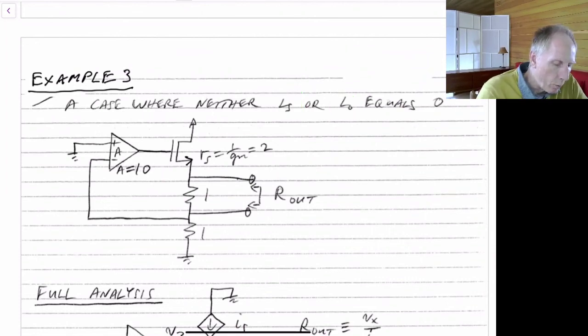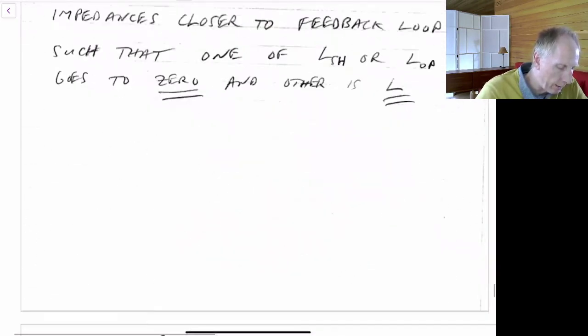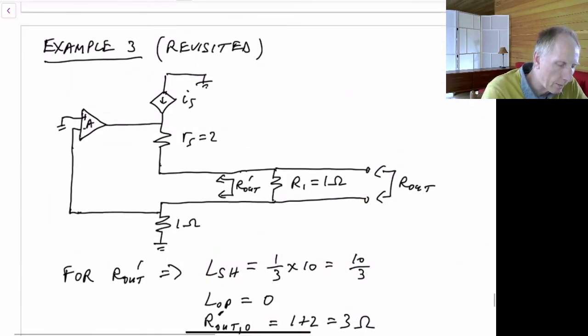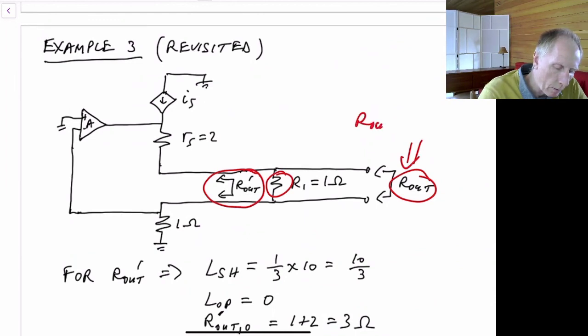So let's move our 1 ohm resistor to the right, and let's just redraw this schematic slightly. So now we have R1 just moved to the right, and we'll find R out prime here, and then R out here will just be equal to R out prime in parallel with R1.